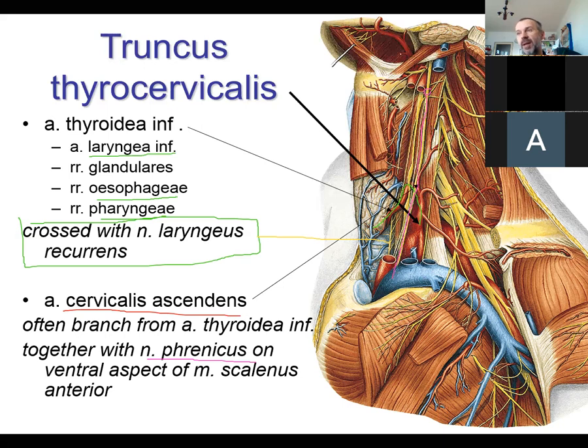And don't forget that inside thorax, the phrenic nerve runs together with the pericardiacophrenic artery from internal thoracic. But here, on the anterior scalene muscle, it runs together with the ascending cervical artery. The ascending cervical artery supplies the muscles, the scalene muscles, the deep muscles of the neck, but also it gives spinal branches to the spinal cord.